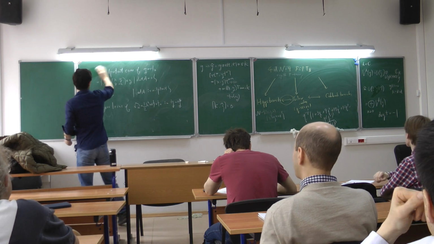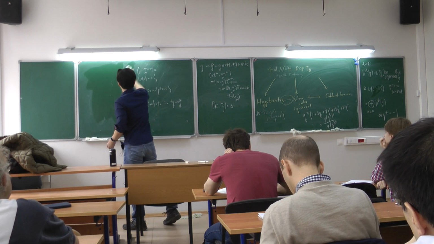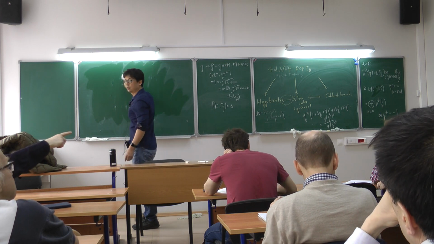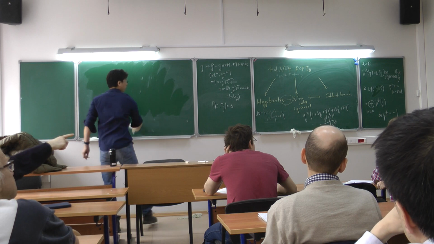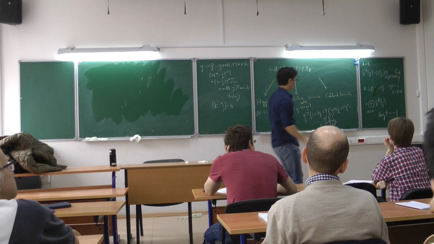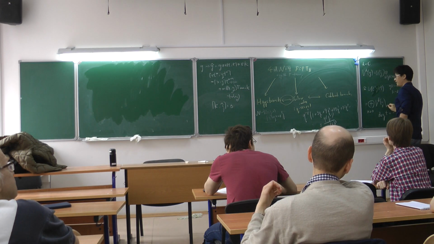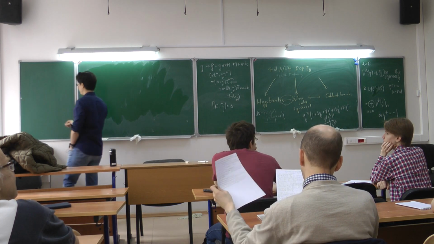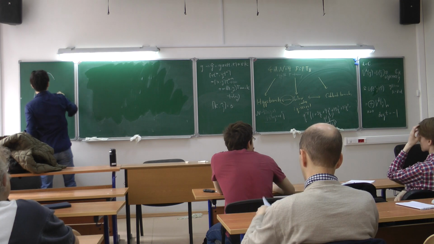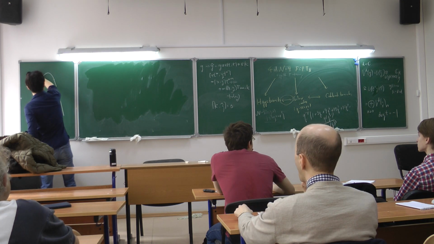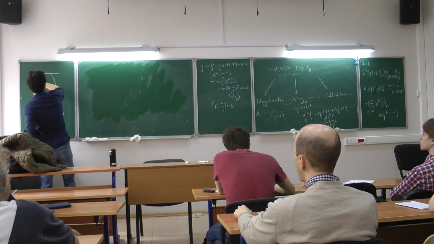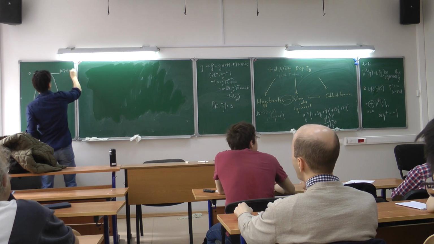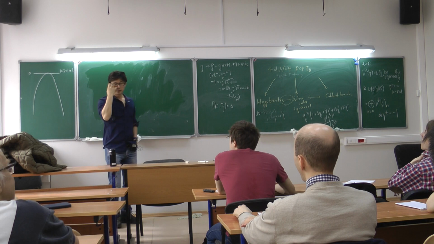Just about notation, where is N in this sum? Sorry, N. So this one looks like this. In degree 0, you have only one vector, which we call the vacuum vector.